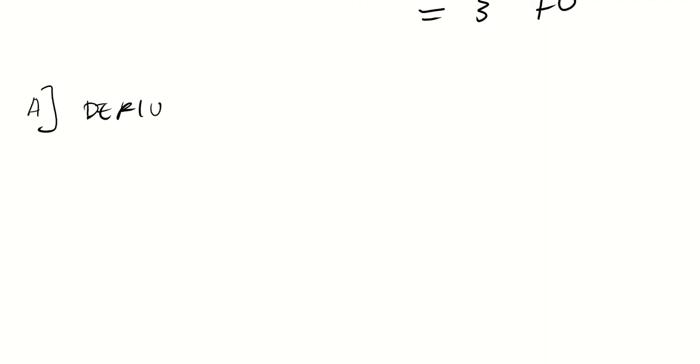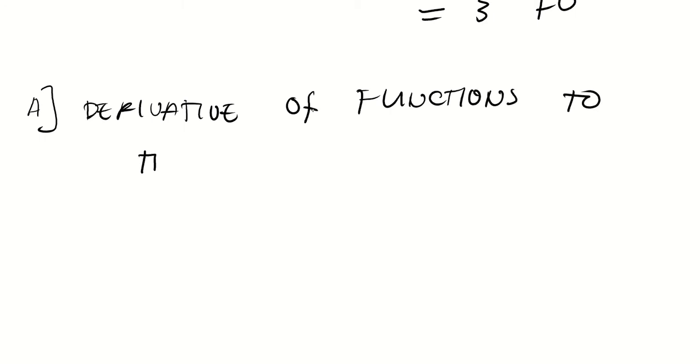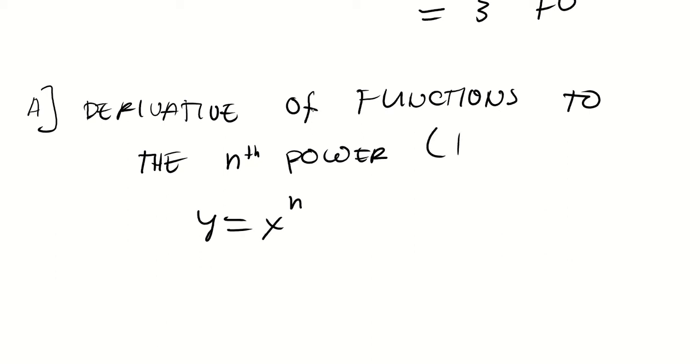Derivative of functions to the nth power. So in general, what's the derivative of a function to the nth power? So if y equals x raised to n, and this is called the power rule.